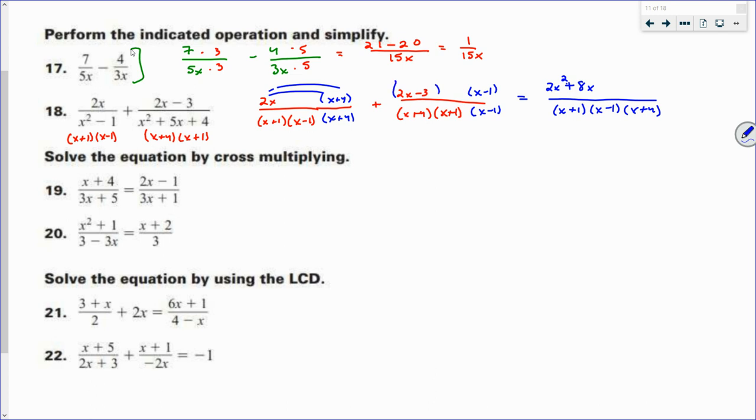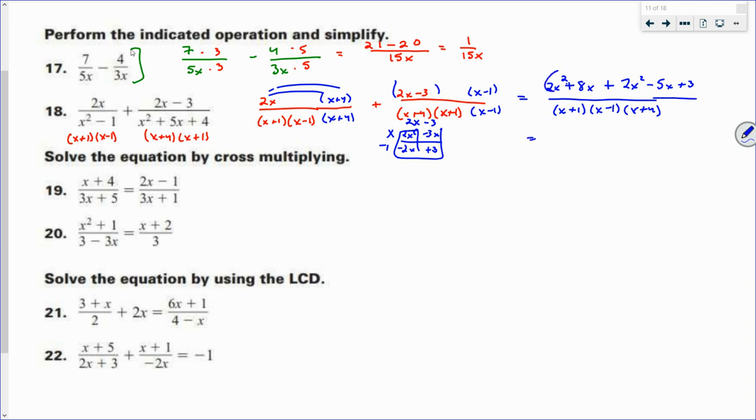Here, if we Punnett square, two x squared minus 3x minus 2x plus 3, we'll get 2x squared minus 5x plus 3.